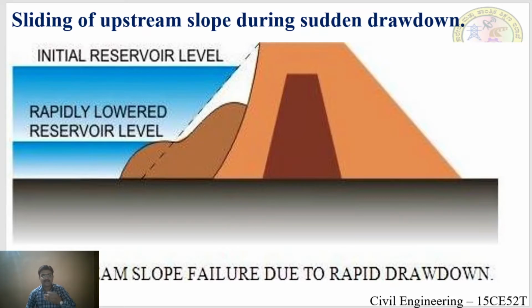That is nothing but the soil which is present in the upstream side, due to suddenly, rapidly, it flows down towards the base of the earth dam. Yes, this is about sliding of upstream slope due to sudden drawdown.